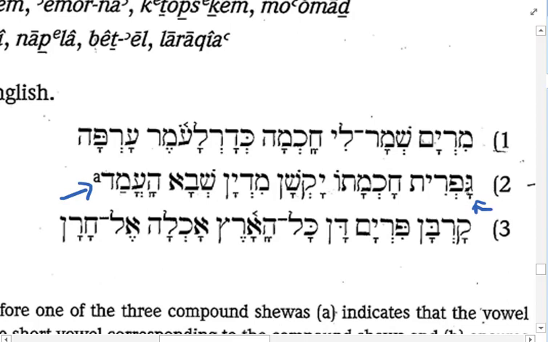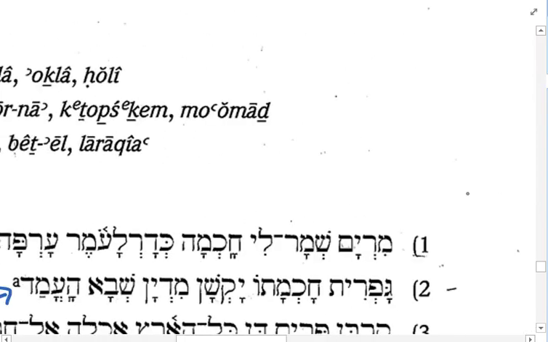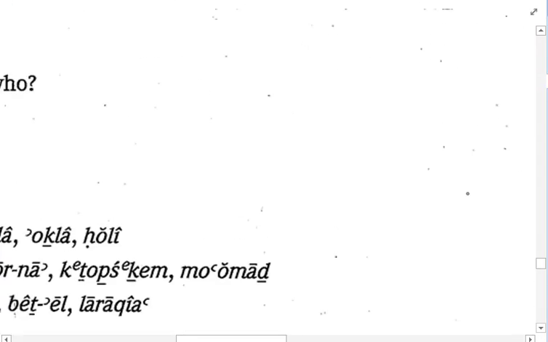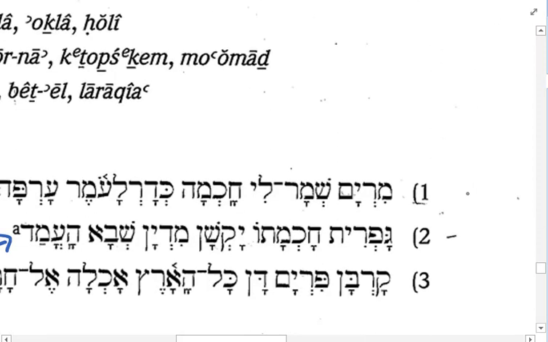Under normal circumstances, I've got the answer to my question about whether to vocalize the shva by looking to the right. But the symbol's ambiguous, so what do I have to do? Look where? Look to the left.